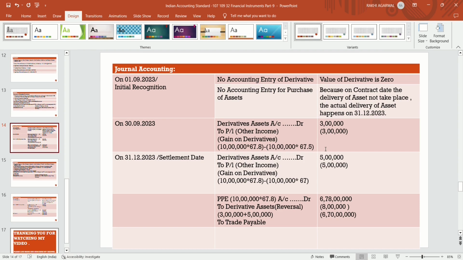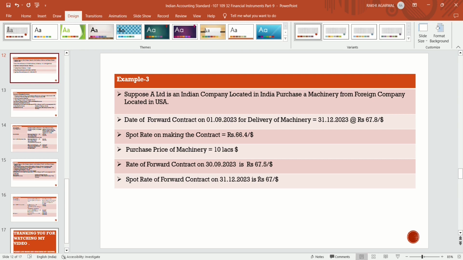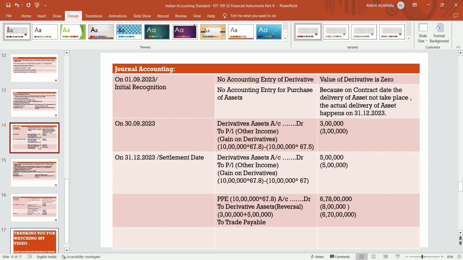On 31st December 2023, that is on the settlement date, the price of the forward contract becomes 67, and the contract is prepared for 67.8. So he has gained an amount of rupees 8 lakhs.